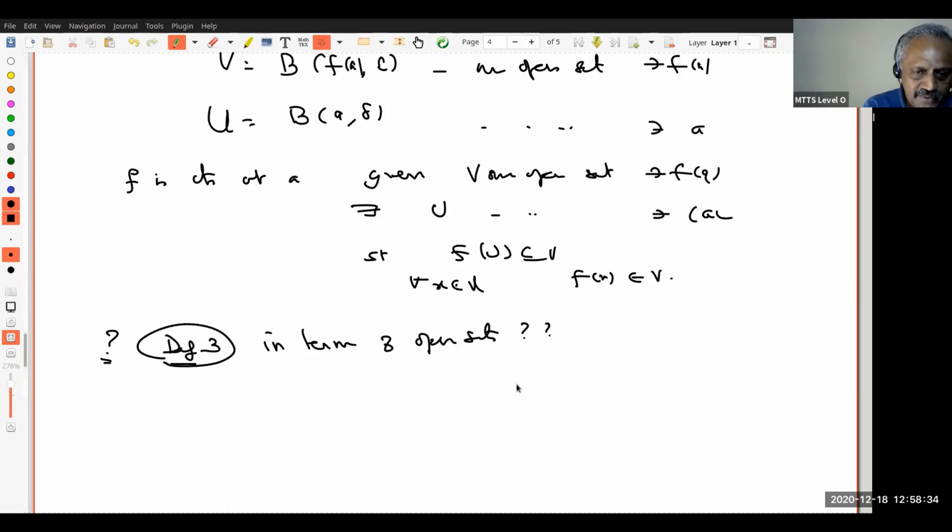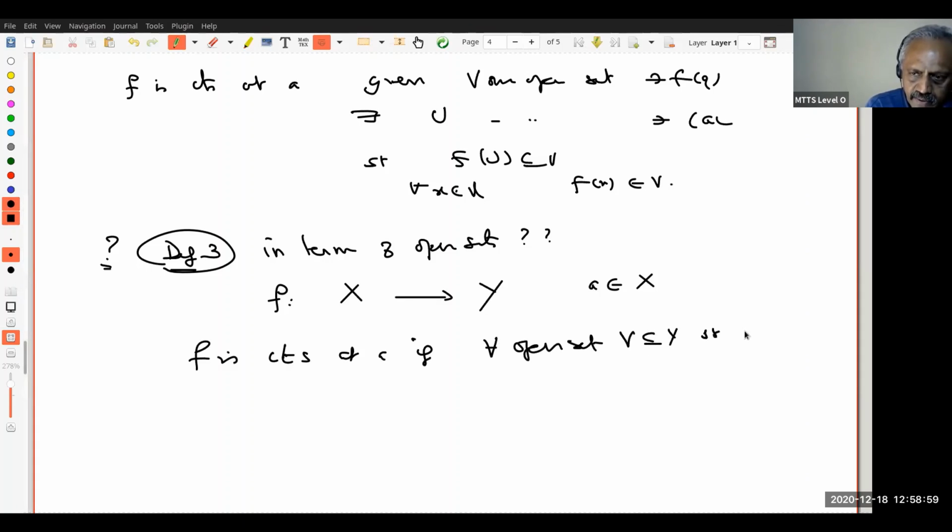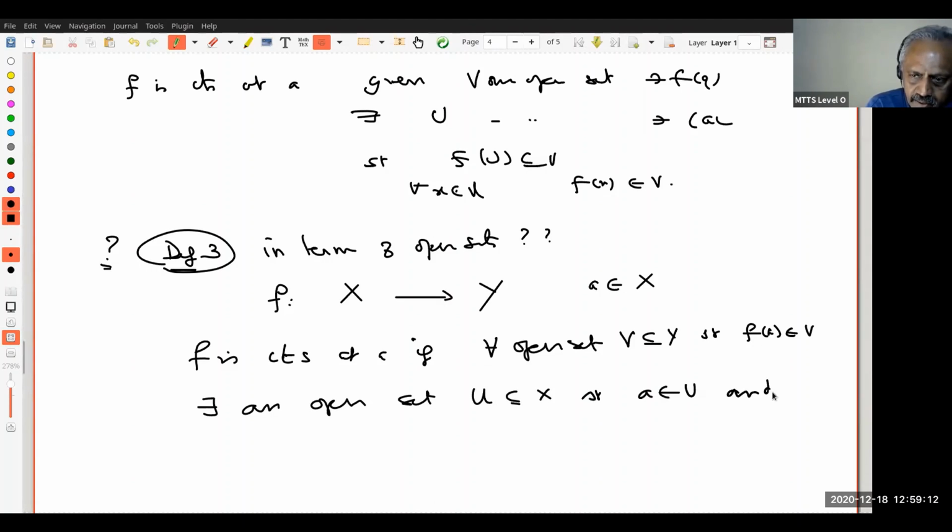So let f be from X to Y, and let a be a point in X. I say f is continuous at a if for every open set V in Y so that f(a) belongs to V, there exists an open set U contained in X so that a belongs to U and f(U) is contained in V. That is, for all x in U, f(x) belongs to V.